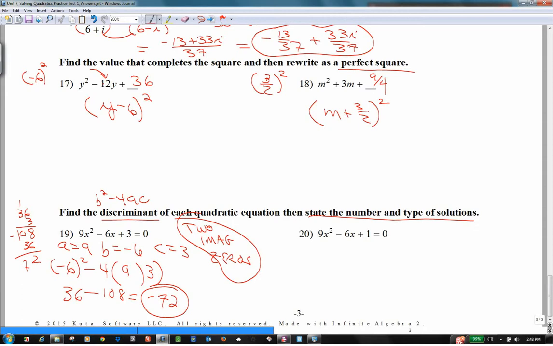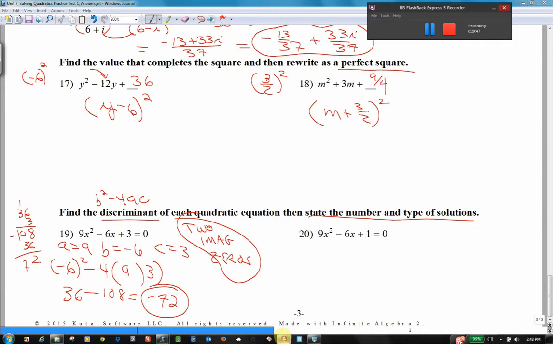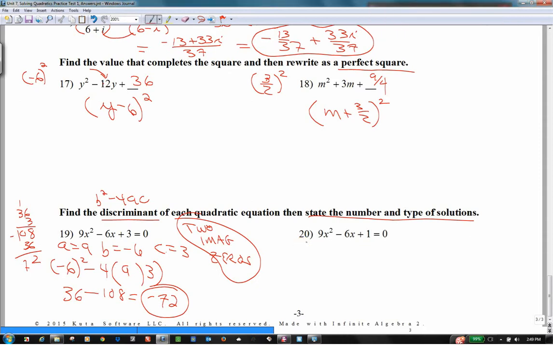Okay, this is already in standard form. So what we have is b squared, and no, let's see, a is 9, b is a minus 6, c is 1. So for this one, b squared minus 4ac, that would be a negative 6 squared minus 4 times a times c.